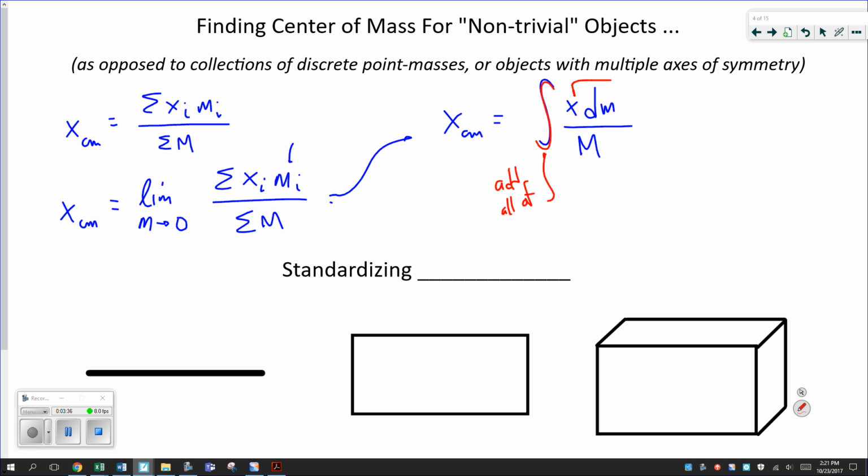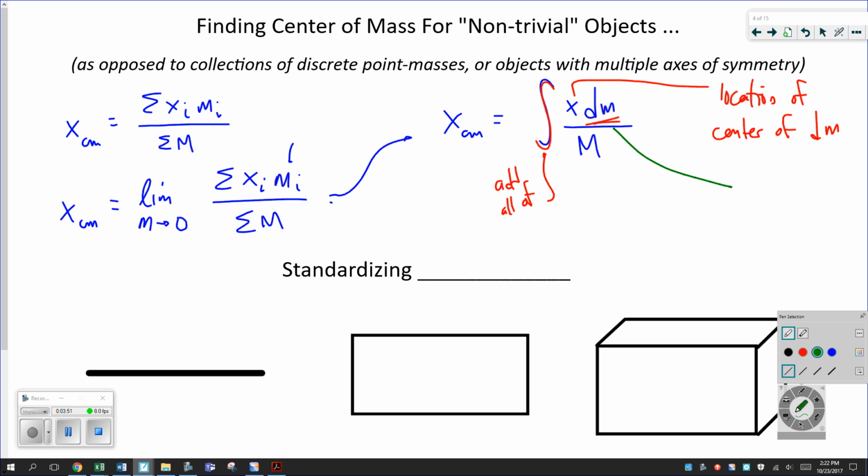This x still means the location of the center of this dm. And that dm is a tiny, infinitely tiny element of mass.